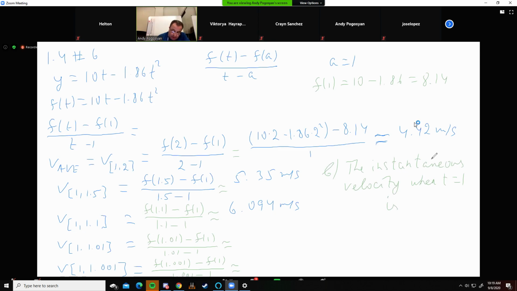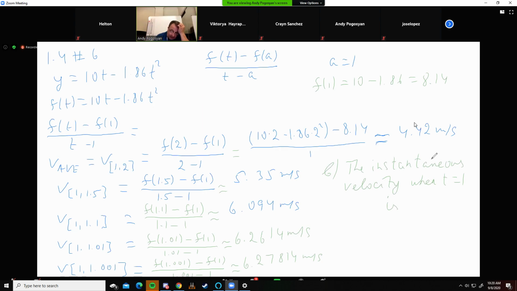You have 6.2614 meters per second. And the last one. See, the closer the time gets to t equals 1, the more digits will start repeating. But this one now becomes what? 6.2 is the same, 7.814 meters per second.